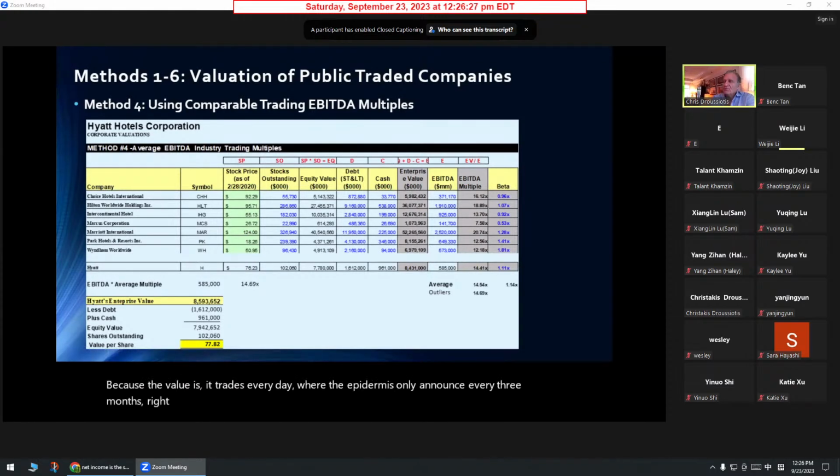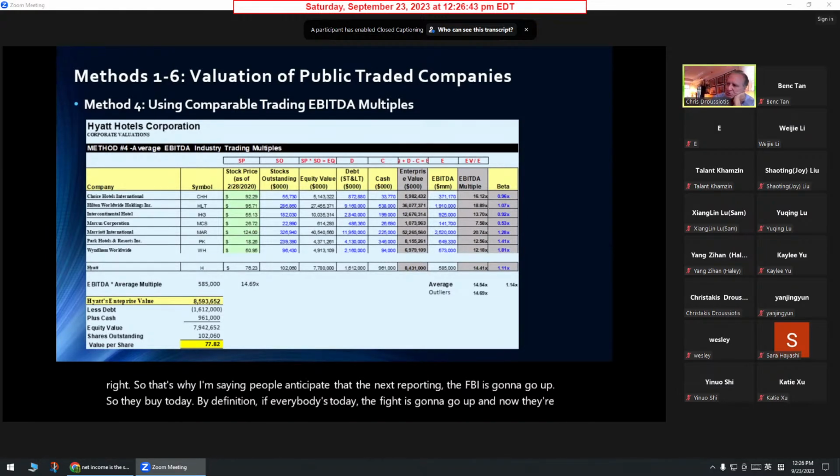People anticipate that at the next reporting, EBITDA is going to go up, so they buy in today. By definition, if everybody buys today, the value is going to go up. Hopefully the EBITDA comes true 3 months from now, so the multiple goes back to more normal. And that's the key.